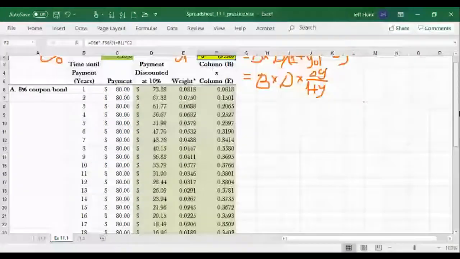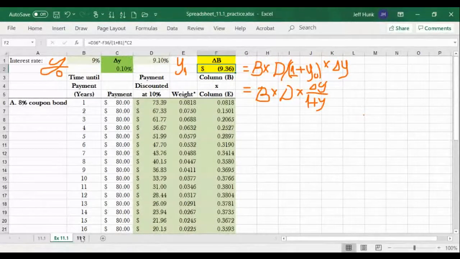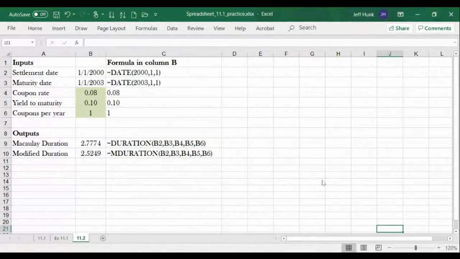Now, there is another way to calculate duration.